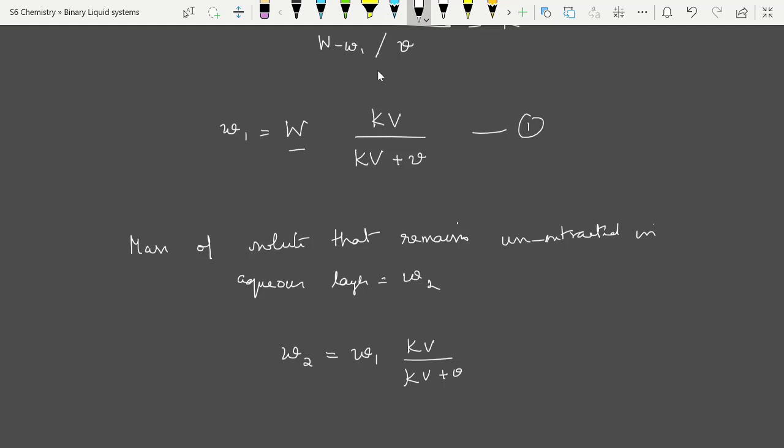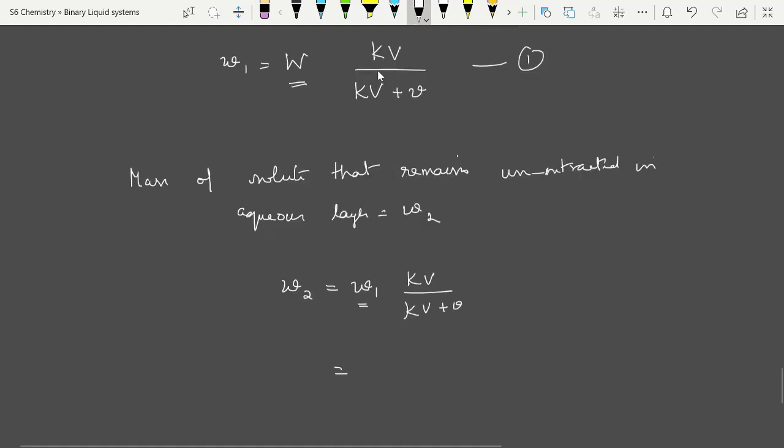Here, capital W was the mass that was in the aqueous layer, and here small w1 is the mass that is present in the aqueous layer. But W1 is given by capital W into KV divided by KV plus v.